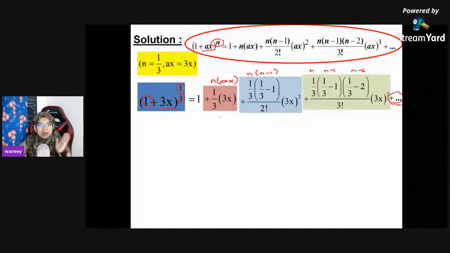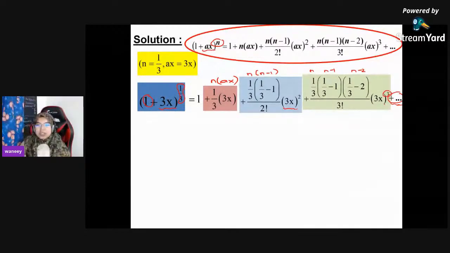Okay, so now we are going to use our calculator to simplify them. But do be very careful over here. We have 3x and then squared, so that means 3 squared x squared. This is (3x) cubed, so 3 cubed x cubed. So do simplify one by one. The first one is 1.